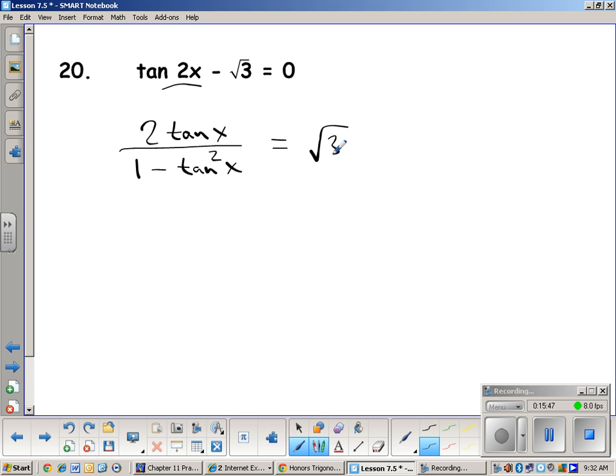I'm going to add my square root 3 to both sides. I know we want to set it equal to 0, but this is in the denominator, and so we have to multiply both sides by that number.